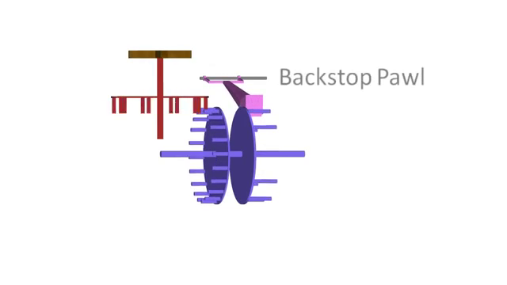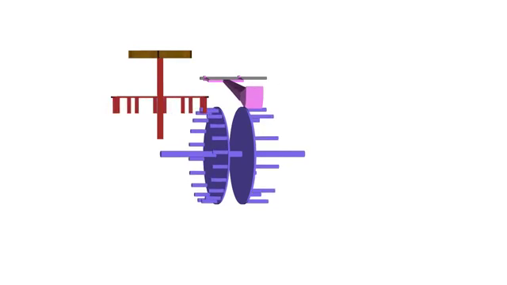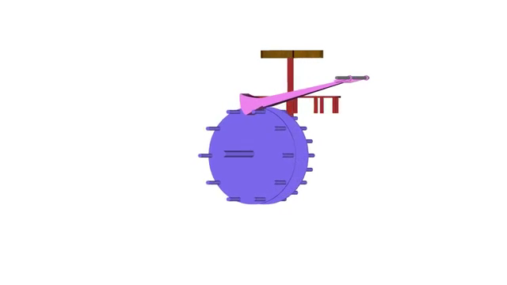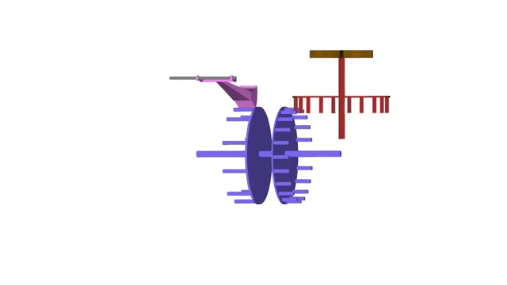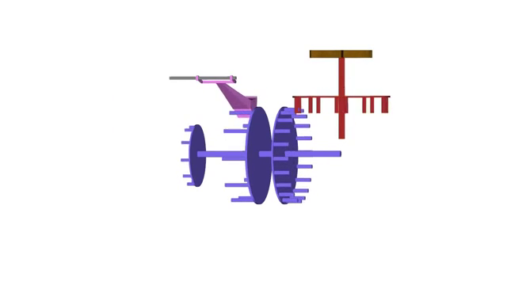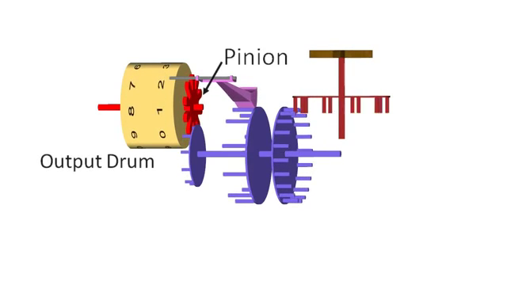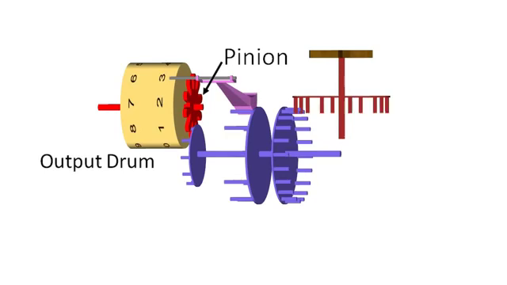A backstop pawl meshes with the accumulator to prevent counterclockwise rotation of the input dials. The value stored in the accumulator is transferred by a pinion wheel to an output drum, which displays the value through the output window.